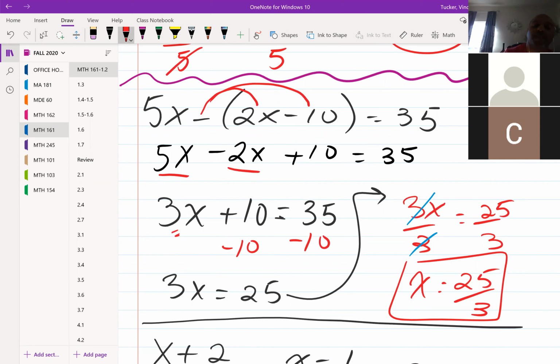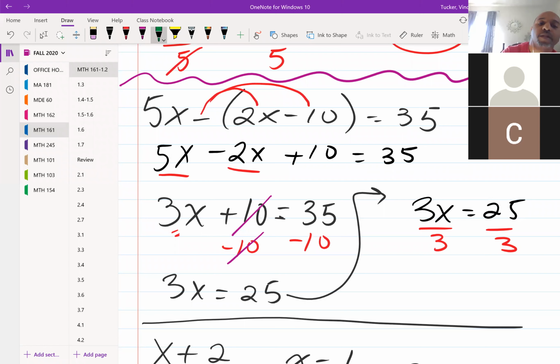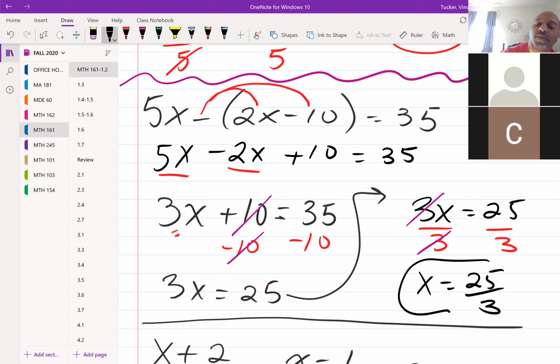Now we can minus 10 from both sides. Remember, your goal is always to get your variable by itself. What we have now is 3x equal to 25. And then to finally solve for x, we'll divide both sides by 3. 3's cancel, leaving you x equal to 25 over 3.